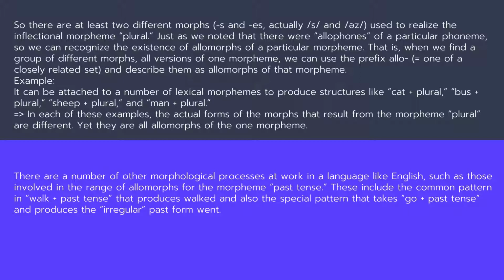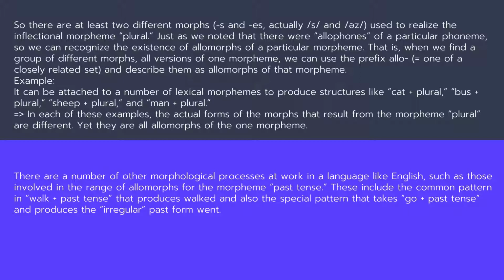In each of these examples, the actual form of the morphs that result from the morpheme plural are different, yet they are all allomorphs of the one morpheme. There are a number of other morphological processes at work in a language like English, such as those involved in the range of allomorphs for the morpheme past tense.